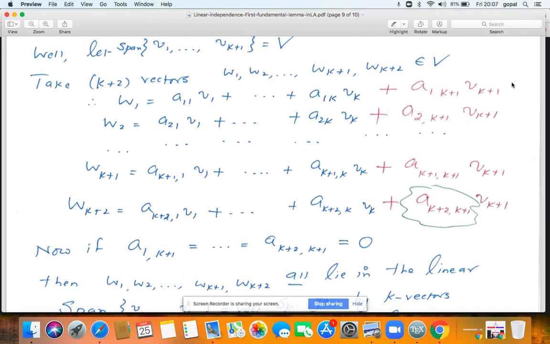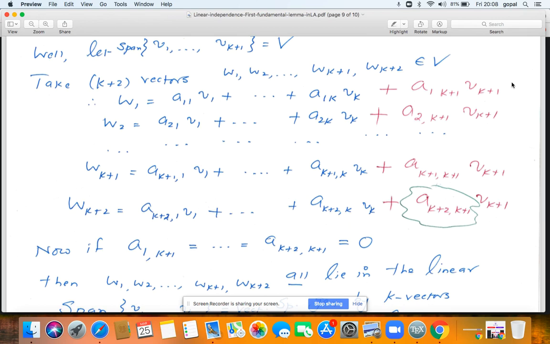Now suppose that all the red terms are 0. Suppose all the red terms are 0. For example, the coefficients a1 k plus 1, a2 k plus 1, a3 k plus 1 dot dot dot ak plus 2 k plus 1. Suppose they are all 0. Then what happens?